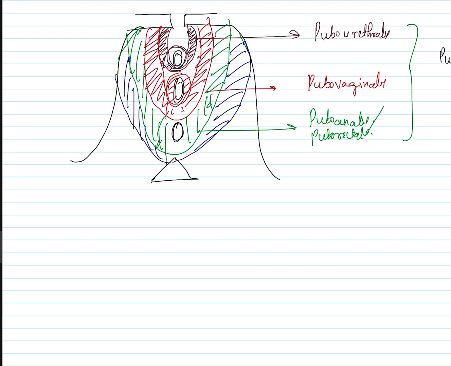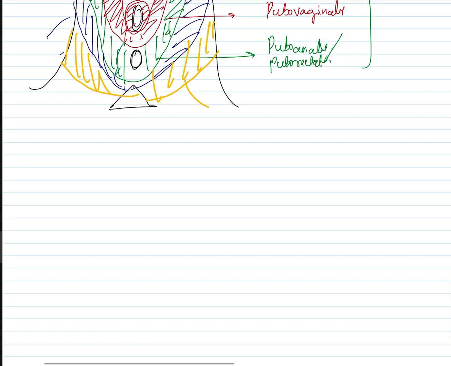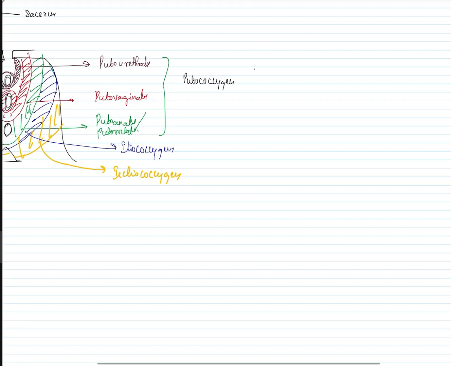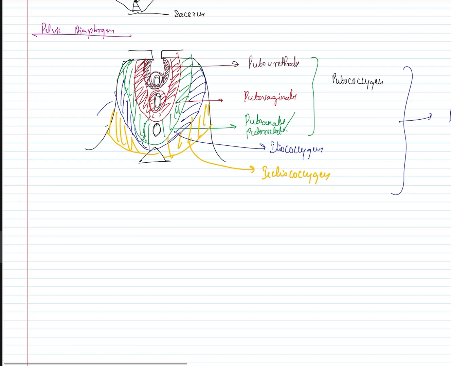And this is your ischium, this part. Whatever part attaches this to the coccyx is your ischiococcygeus. Okay. And this is your iliococcygeus. So overall, all this is your levator ani. Understood?